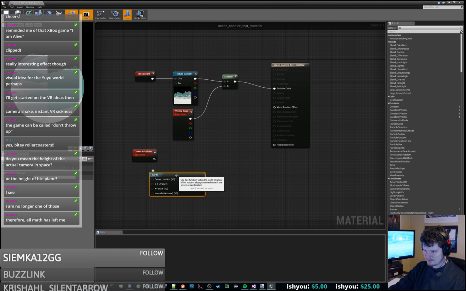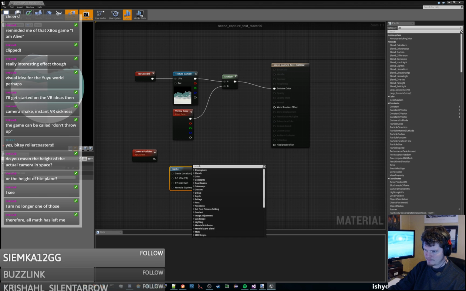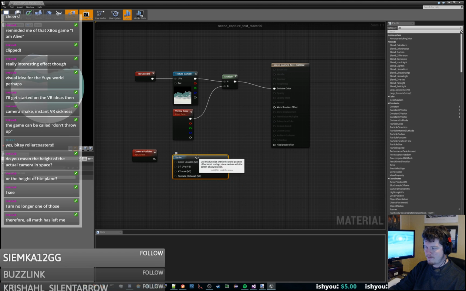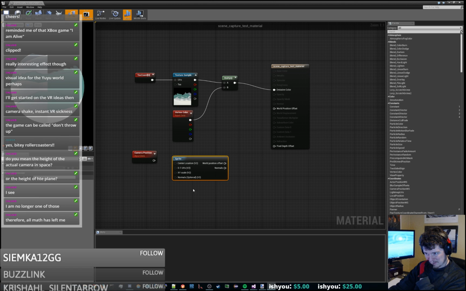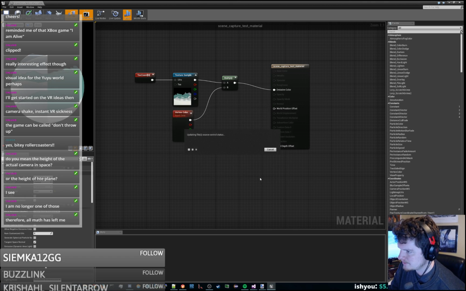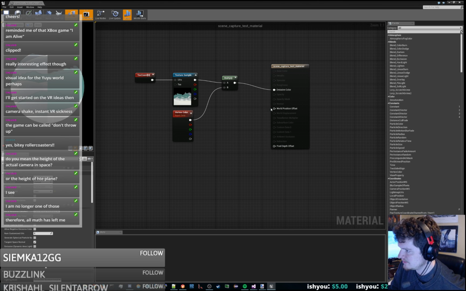World position. Use this function within the world position offset input. Crap. I do not know the right magic here to actually set any of this.